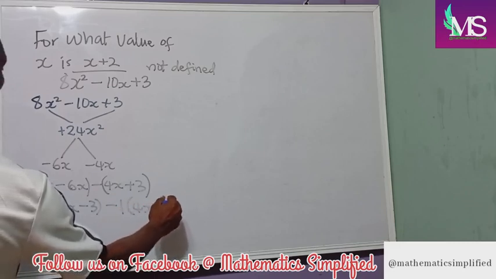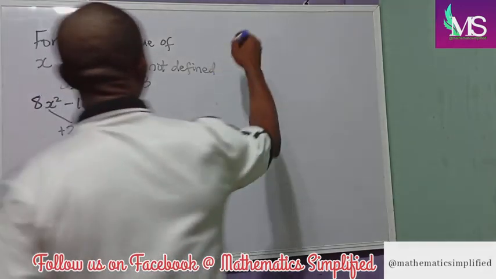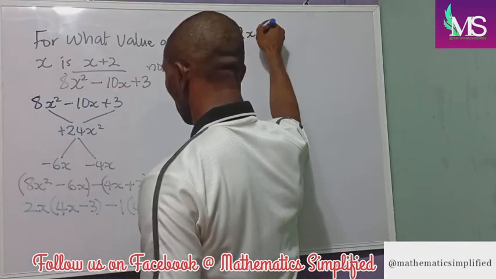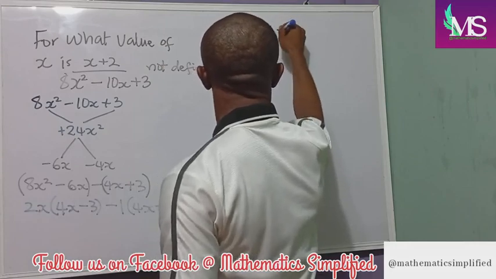(4x − 3). Now having 4x − 3 as our common term in the bracket, we are going to have (2x − 1)(4x − 3) equals 0.